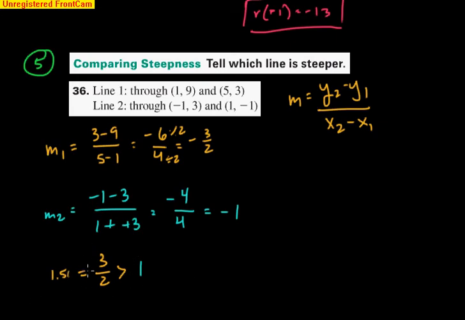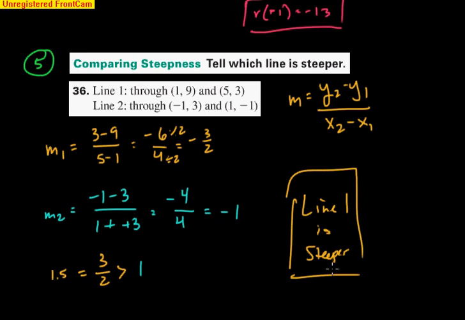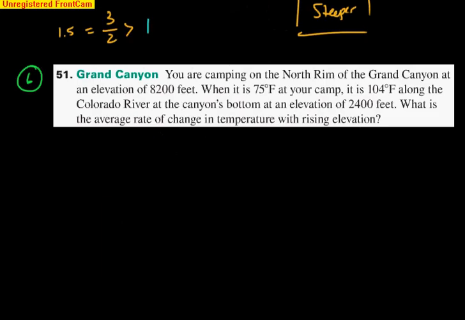And if we pick the line with the slope of 3 halves, so the slope of 1.5, that is line 1. So line 1 is steeper. So again, ignore the negatives. Just think of which number is bigger, 3 halves or 1.